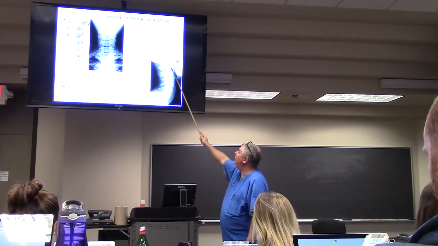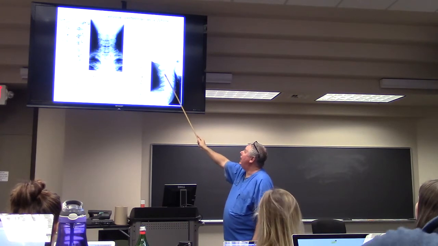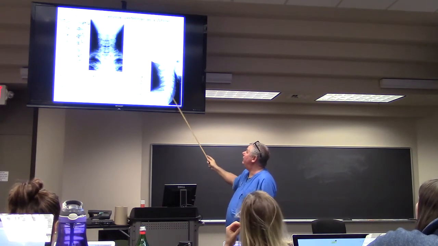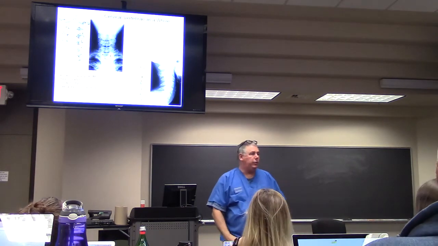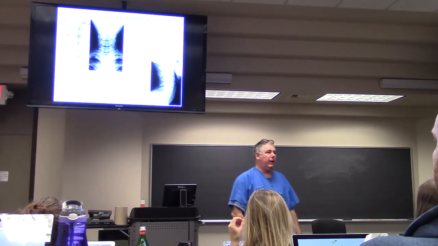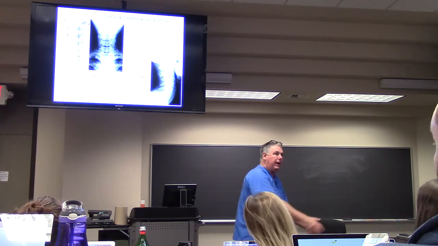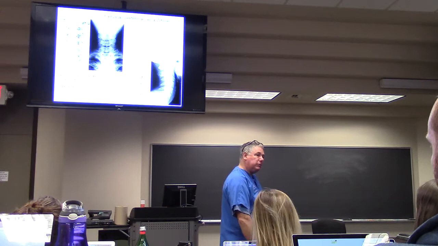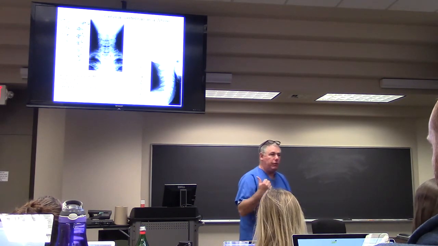Numbering from top to bottom, there's the atlas right there, there's the axis, 3, 4, 5, 6, 7. When you're shooting cervical x-rays, if they're lying down and you're shooting cross table, it helps to have somebody pull down on their arms, pulling their shoulders down so you can get a better look at C7.